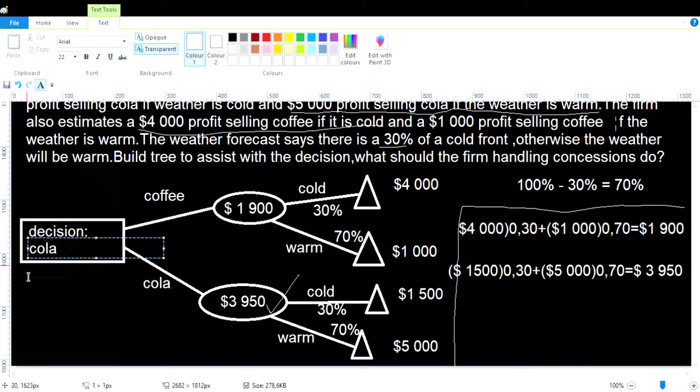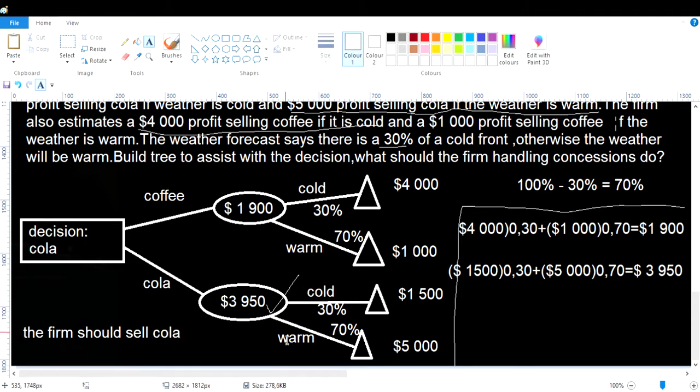Here let me write the conclusion: the firm should sell cola. So this one is the final answer. If they sell cola, it is expected that they will make more profit. So we suggest that the firm should sell cola, not coffee.